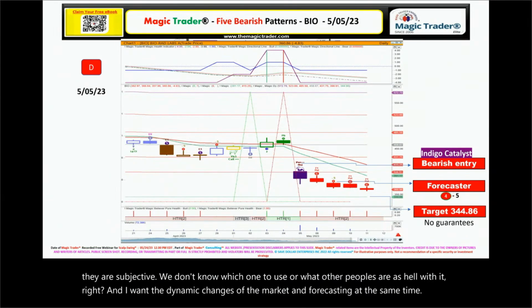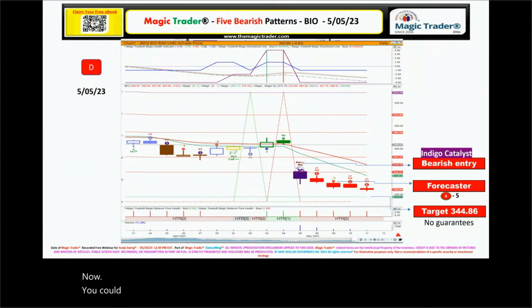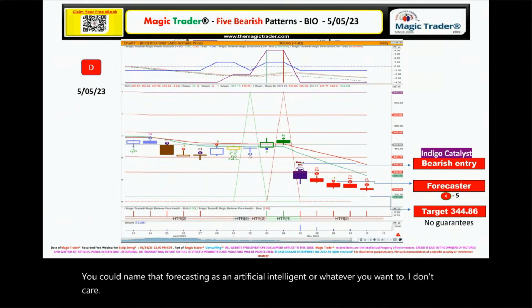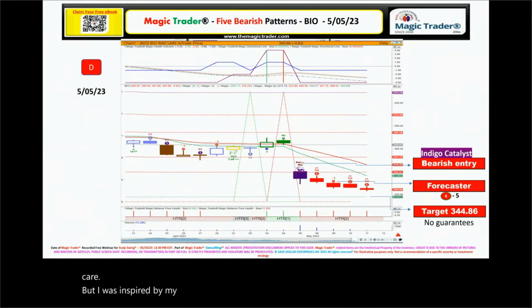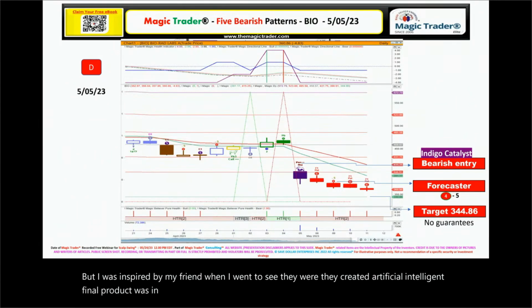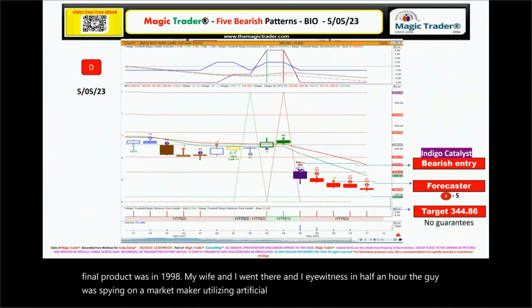Now, you could call that forecasting artificial intelligence or whatever you want. I don't care. But I was inspired by my friend, when I went to see what they created, artificial intelligence. The final product was in 1998. My wife and I went there, and I witnessed that in half an hour the guy was spying on a market maker utilizing artificial intelligence in '98.